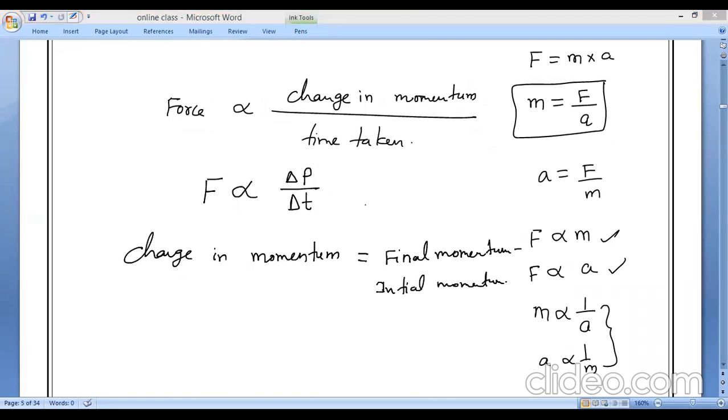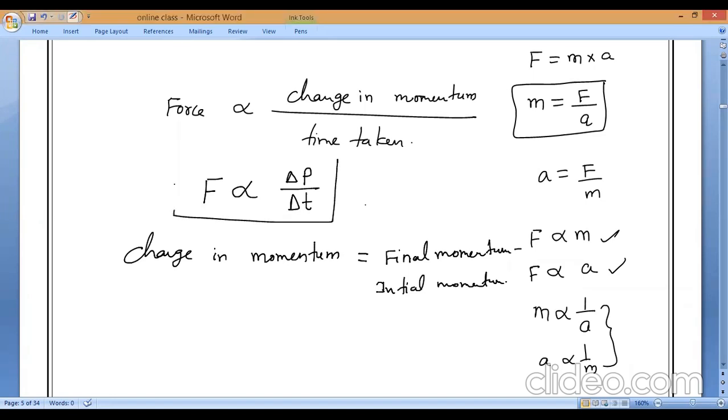We will write force is directly proportional to delta P divided by delta T. So this is the different way. What do you mean by delta? This is what we used to call delta, which indicates change. Do you understand, everyone? That is what you have to remember. So delta P, how to read this one, Hari?